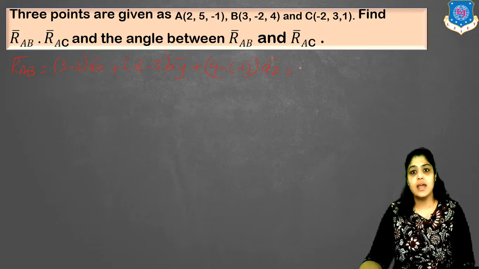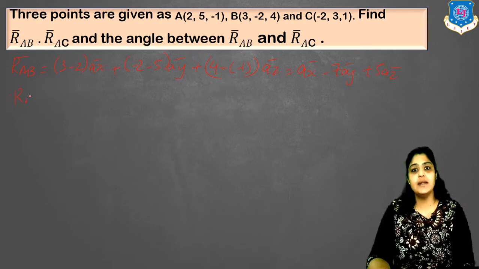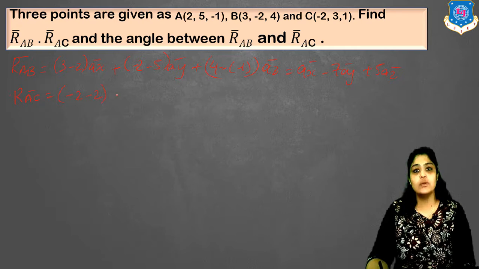This gives AX minus 7AY plus 5AZ. Similarly, let us find out RAC. That gives us minus 2 minus 2 into AX plus 3 minus 5 AY plus 1 minus minus 1 AZ.